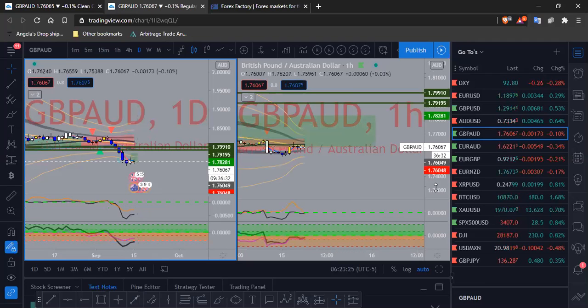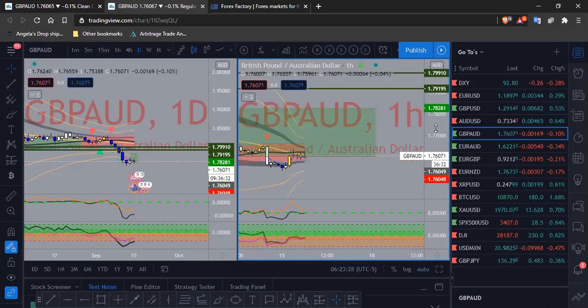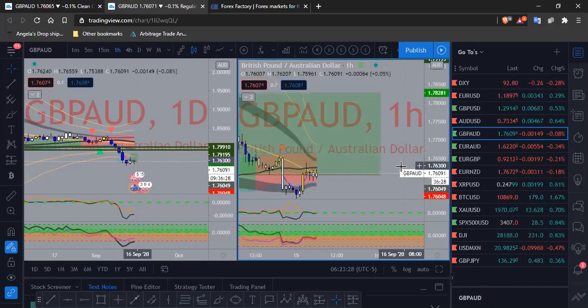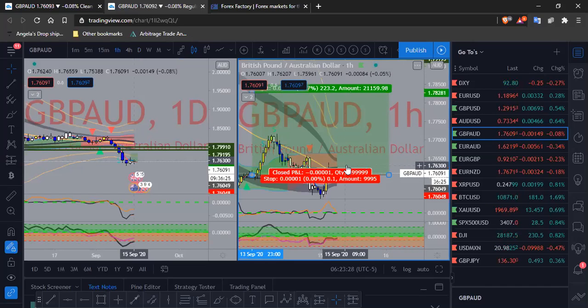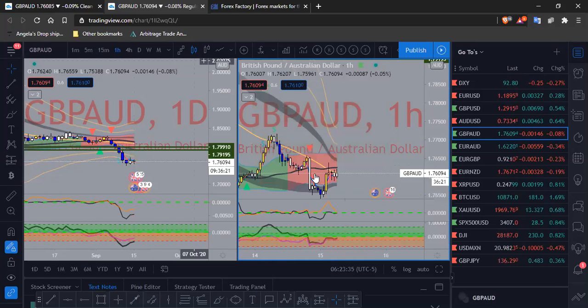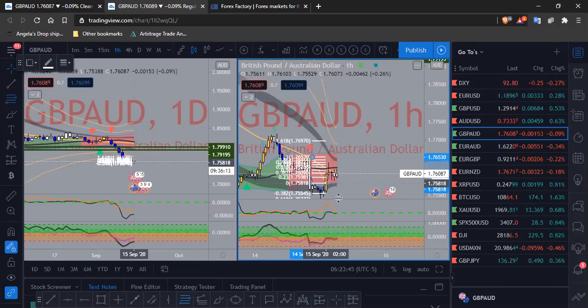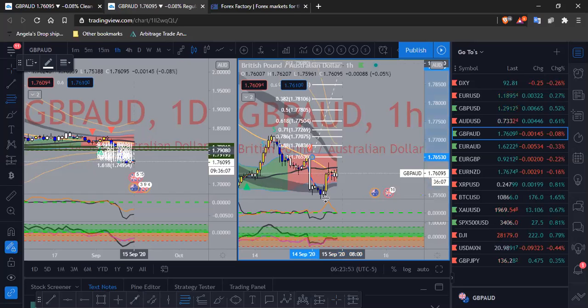All right, but yeah. Likewise with here. Don't want to necessarily get into a buy because that 1 hour engulfing candle, that's tough, man. And I'm pretty sure if I just draw a small fib on it, it's already came and hit, what the heck?